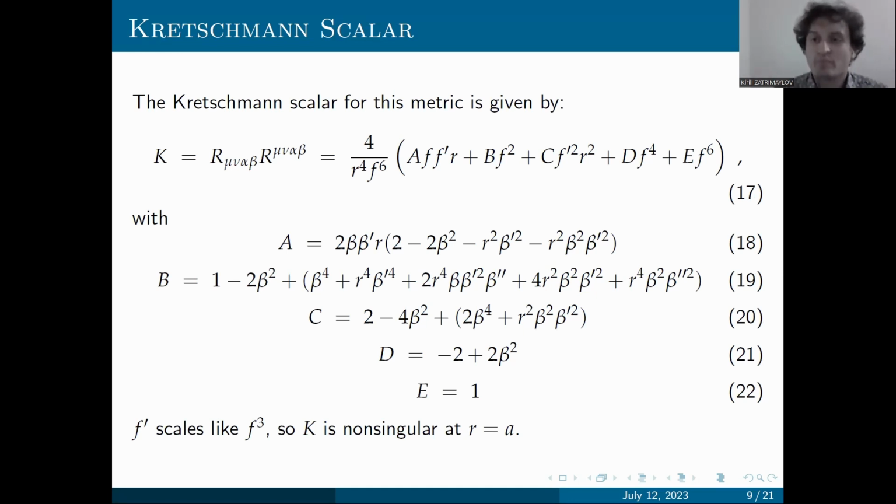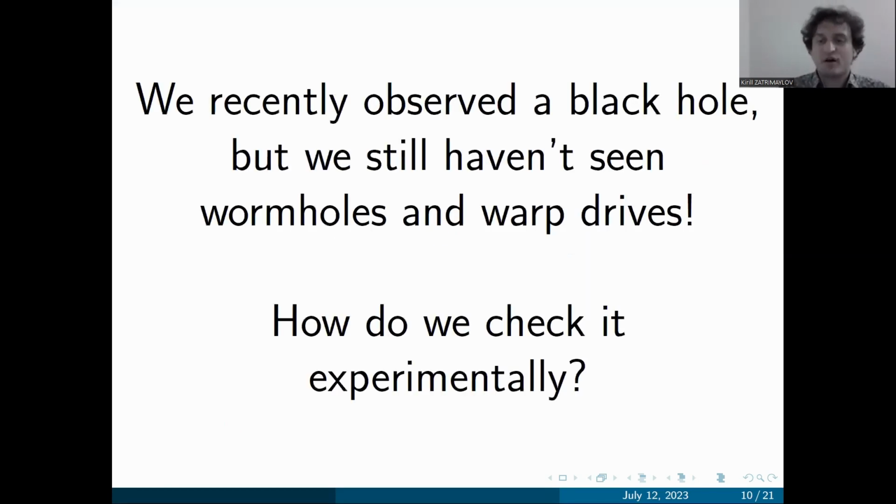However, for now, this is a purely theoretical construction. As you all know, we have recently observed black holes, so they've moved from the realm of theoretical into the realm of observable. And as for warp drives and wormholes, they are just conjectures for now.